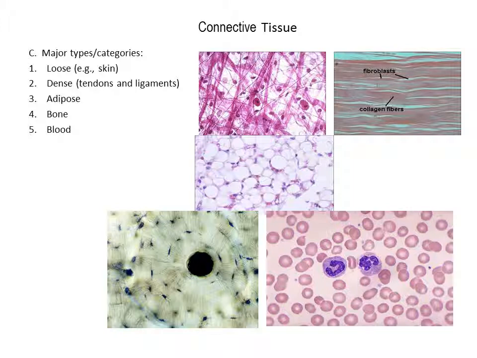So we had a look at several connective tissues. The examples are shown here. They're in order according to the text, and I won't go over that. But again, they're famous for excreting extracellular matrix and various connective fibers. You can see that here.